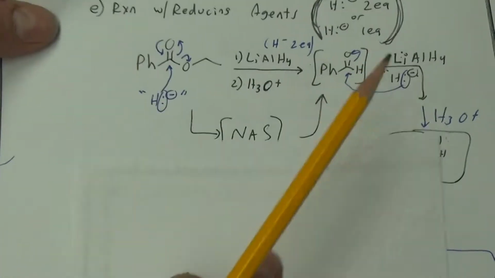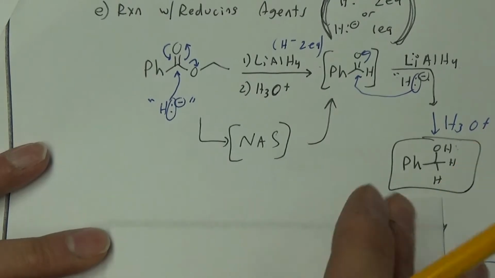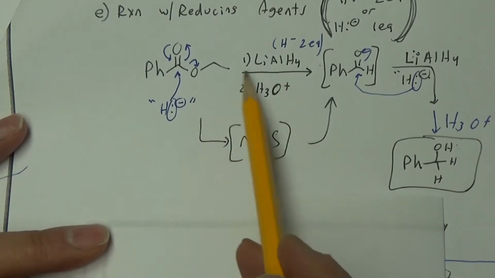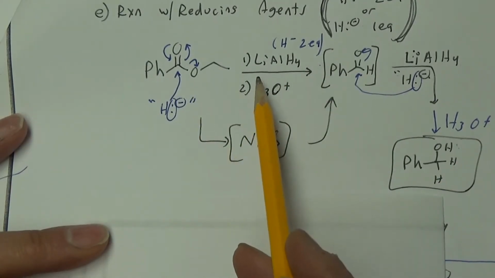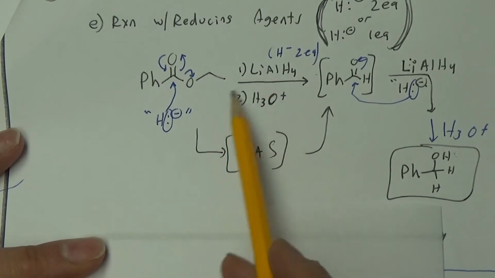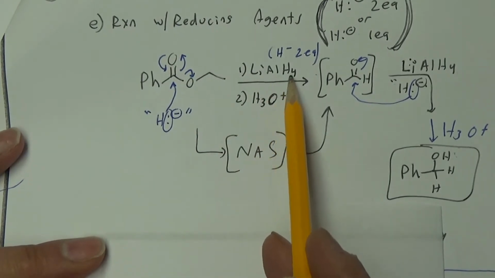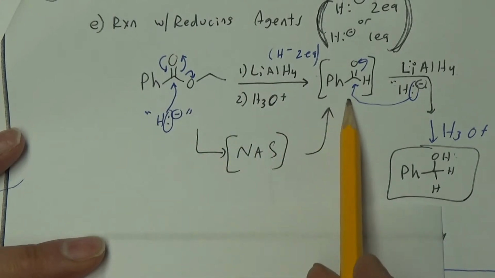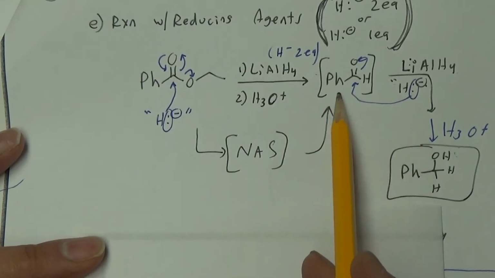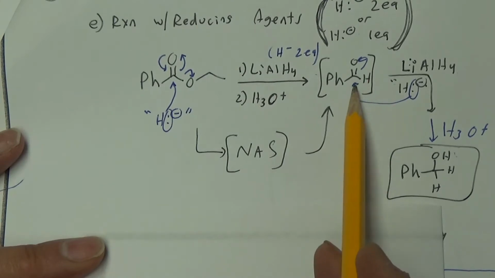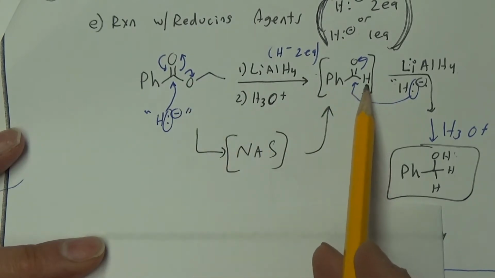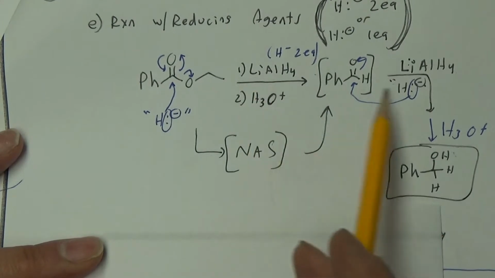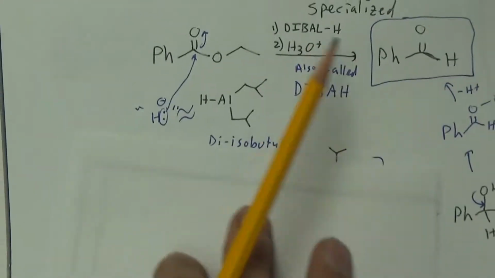As we learned, the highly reactive reducing agent, lithium aluminum hydride, does a double reduction where it first makes an aldehyde and then it reacts a second time, because the aldehyde's even more reactive than the ester, and so it always goes to a primary alcohol with lithium aluminum hydride.